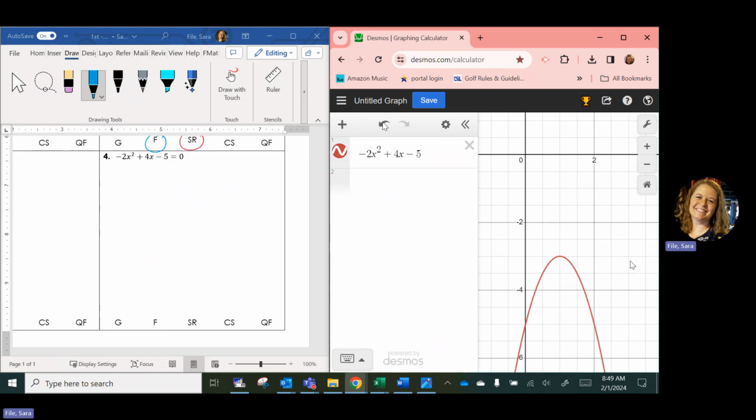Well, look at that. What's happening here? What does this tell you? They're imaginary because I do not see this parabola crossing the x-axis. There is no real solution.